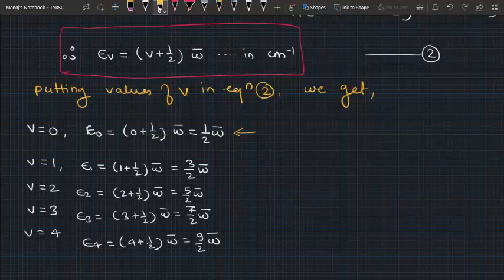Now this energy value, epsilon 0 corresponding to 1 half omega bar, is called the zero point energy.